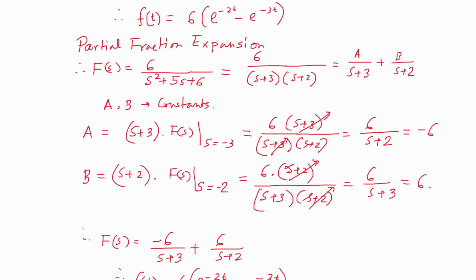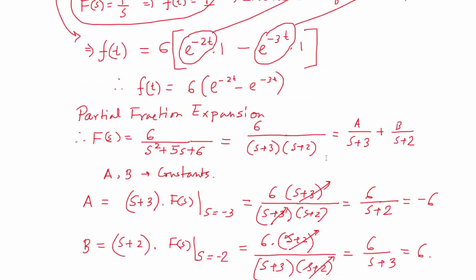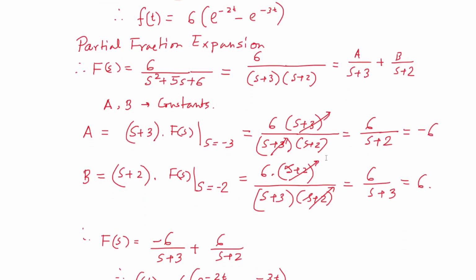So in both ways you can solve the problem. Basically this partial fraction expansion method will be tremendously helpful if you get a larger function like cube or s to the power 4. In this type of function, the partial fraction method is very useful.